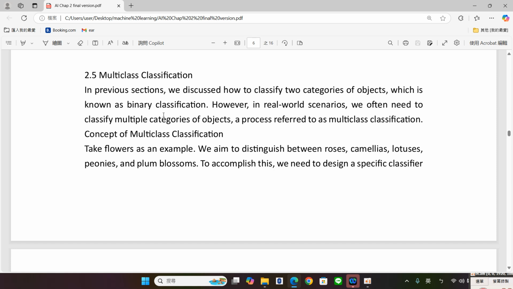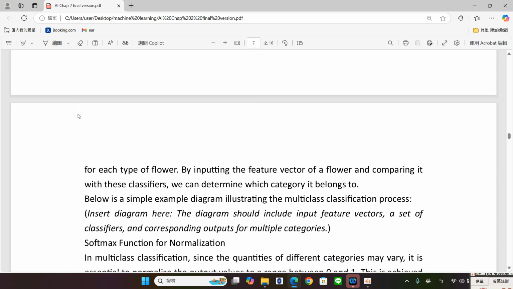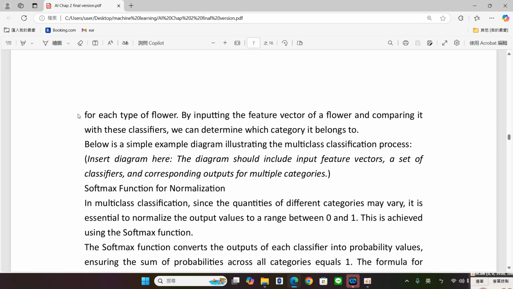Take flowers as an example: we aim to distinguish between roses, camellias, lotuses, peonies, and plum blossoms. To accomplish this, we need to design a specific classifier for each type of flower. By inputting the feature vector of a flower and comparing it with these classifiers, we can determine which category it belongs to.